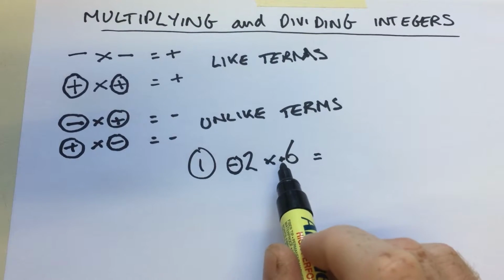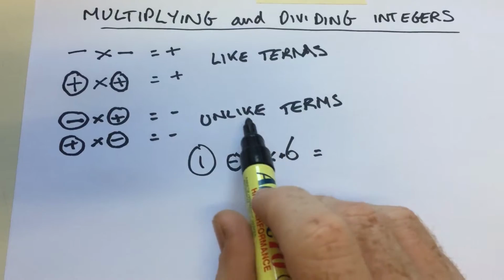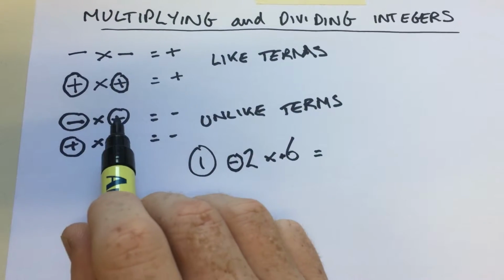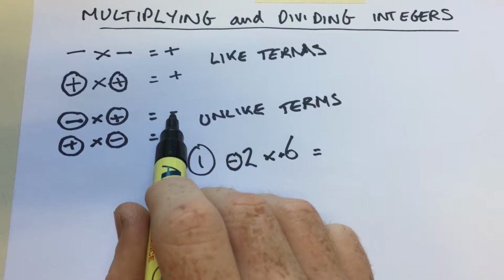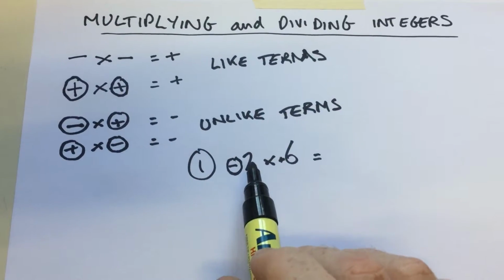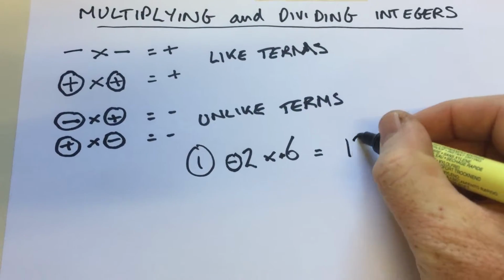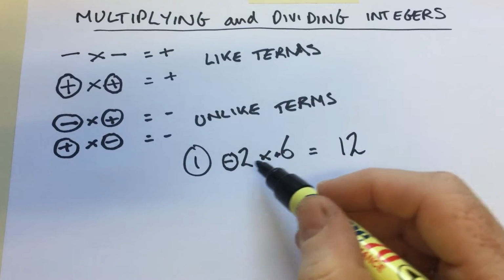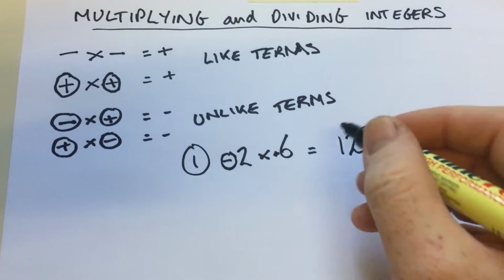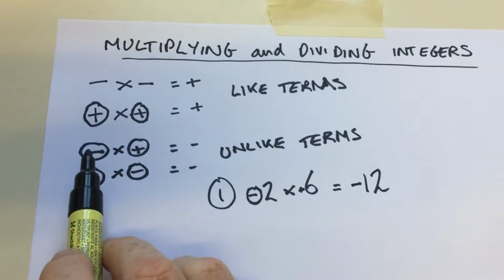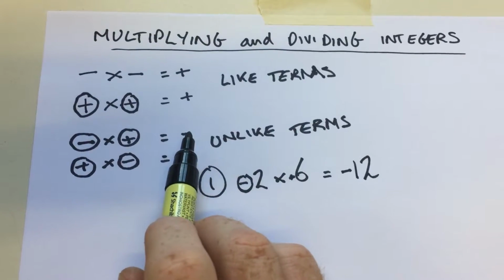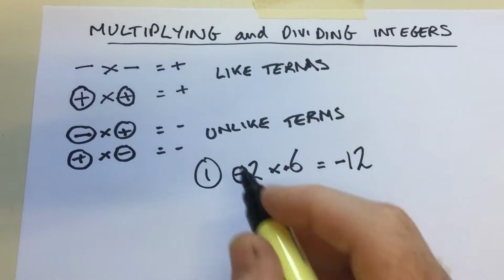So I've got a minus times a positive. These are unlike terms. A minus times a positive must give me a minus answer. So I simply say 2 times 6 is 12, but because it's negative times a positive, they're unlike, my answer is minus 12. Because a negative times a positive is always a negative. There's my negative.